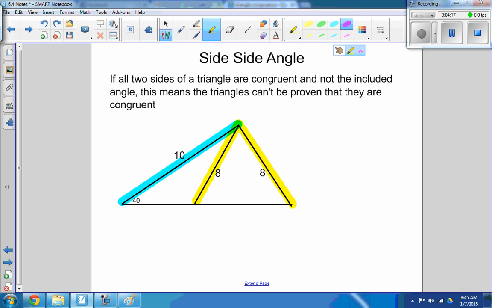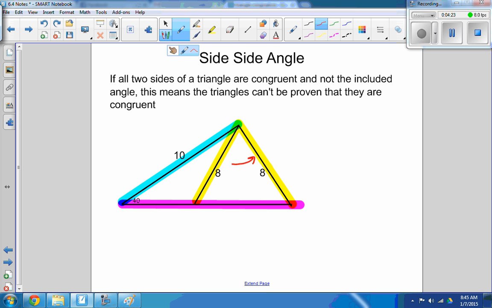Because with this 40-degree angle, this could rotate to 2 possible intersections with that purple line. So side-side angle is not enough information to prove 2 triangles are congruent because there's 2 possibilities.